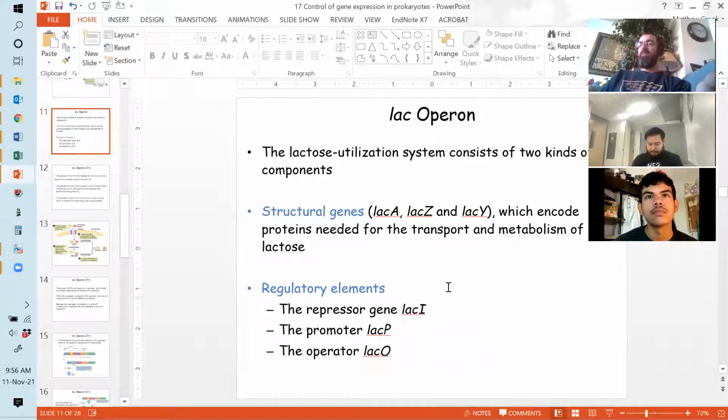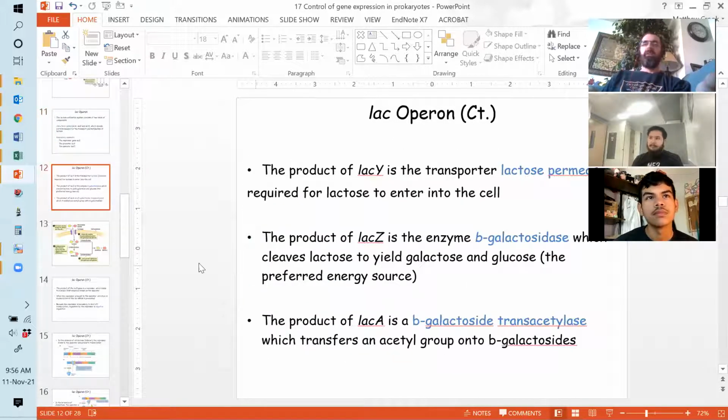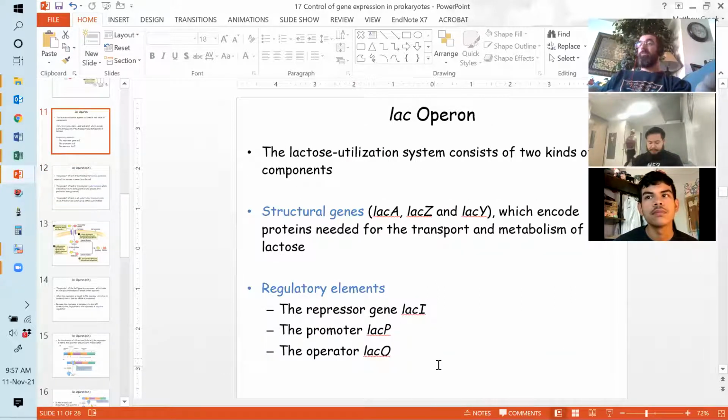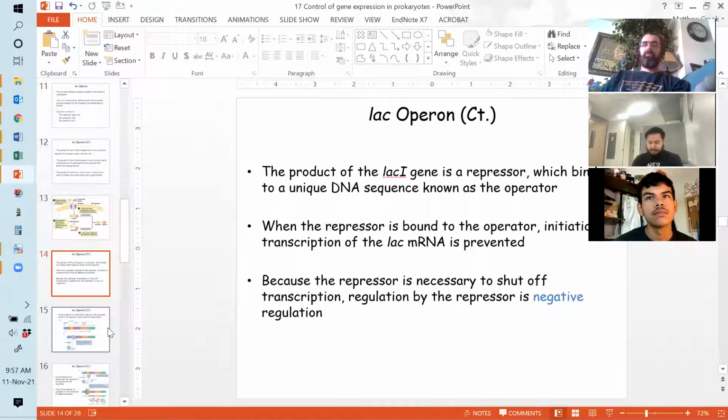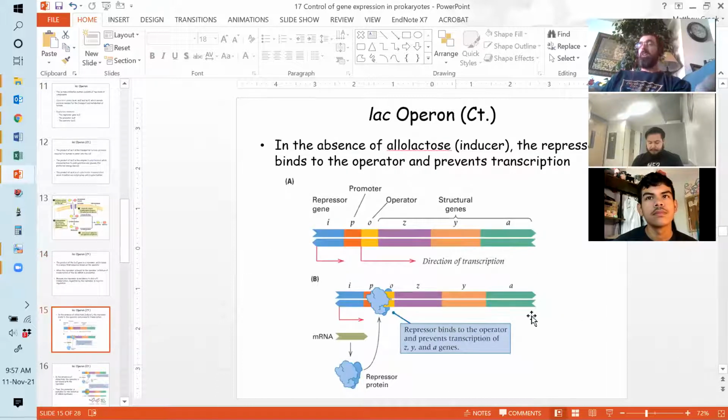So in addition to that, we have some regulatory elements. Here's a slide essentially describing what I just said. We've got our repressor gene, the LAC-I gene, and we have the promoter and the operator, LAC-P and O. Okay, so again, fitting with the context, if there's no lactose present, there's no point expressing the lac operon, right? It'd be a complete waste of energy and time.